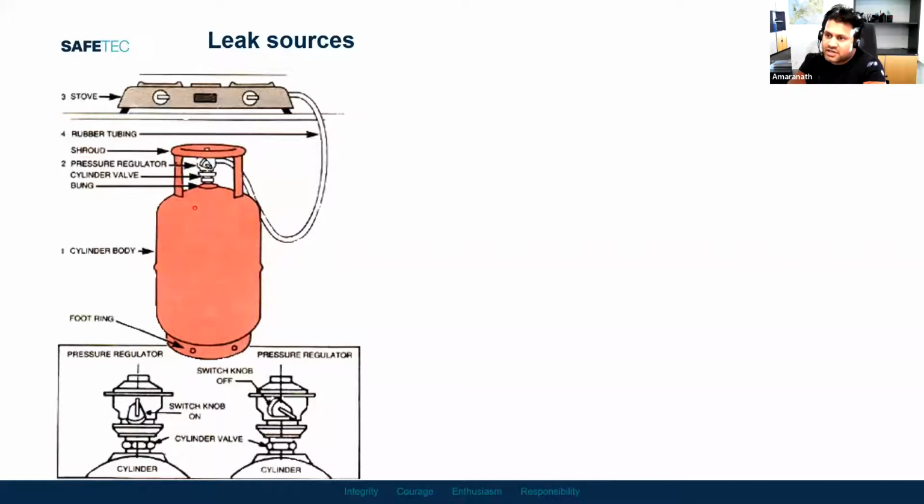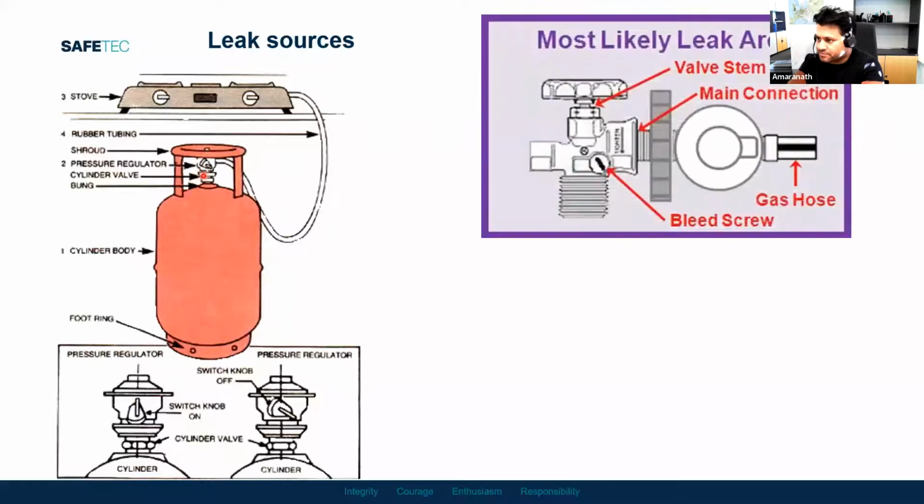So when the pressure is increased, there is the potential for leak sources, and these are the most likely leak areas. You have a screw which is connected to the cylinder, and also several other leak sources. If you have a higher pressure in the cylinder, that leads to a leak of the gas, and gas is heavier than air, so it accumulates and will not disperse in the air.